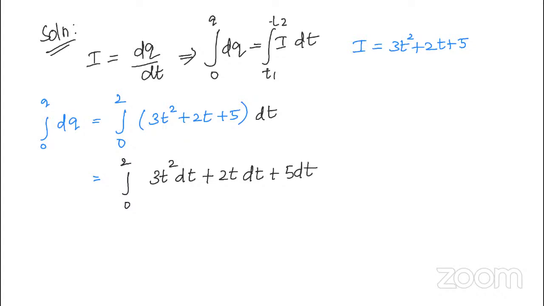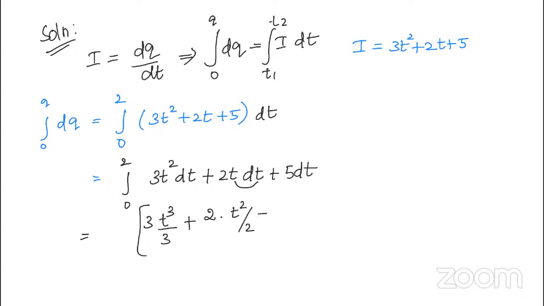Now integrate each term. t² dt becomes t³/3. Plus 2t dt, that is t²/2, so 2 into t²/2.